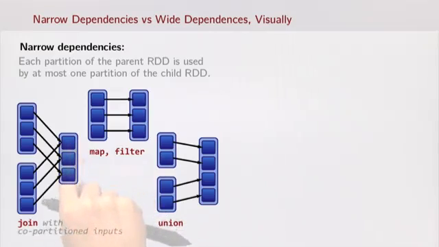That is, this child partition is derived from only one partition in one of the parent RDDs. Said another way, we don't have an arrow going from this partition to that child partition and then also this partition here going to that same first child partition. We have just one relationship. This partition relates to that partition and that's it.